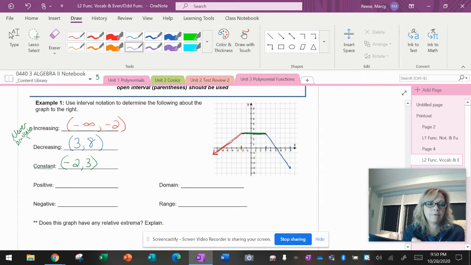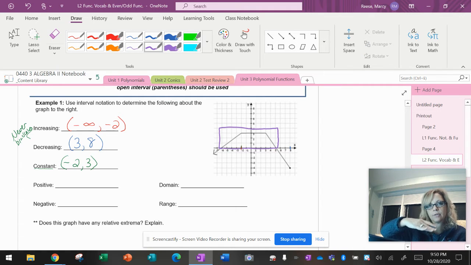Positive is anything above the x-axis. I'm going to erase all this color if that's okay with you, because you can always go back and look at it later. Let's do purple. This is Reese's favorite.